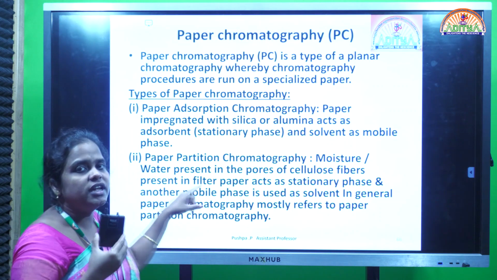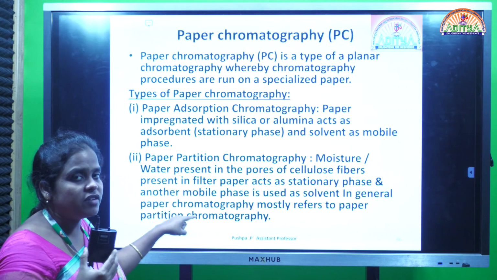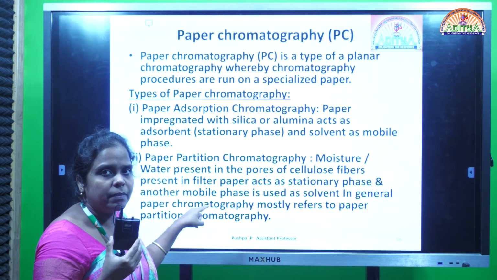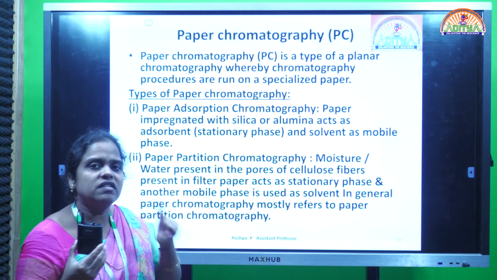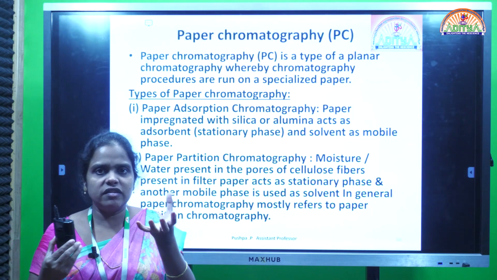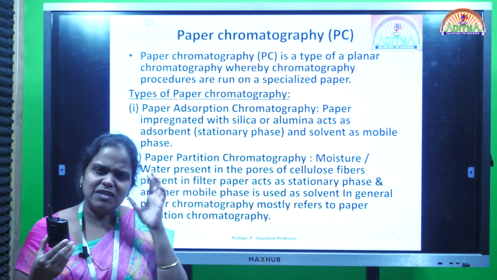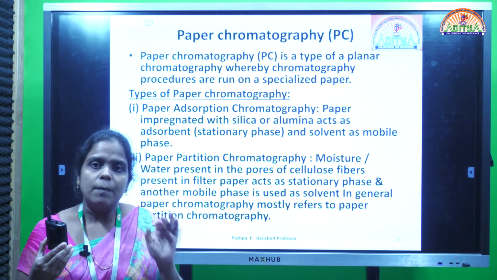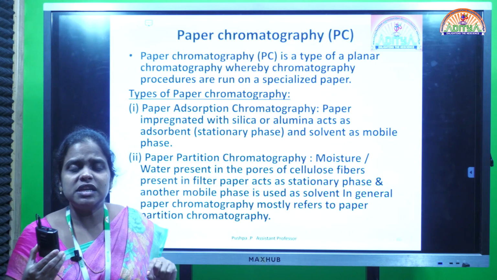That's why we call it paper partition chromatography: we are using a liquid stationary phase. Don't think that we are directly taking liquid as the stationary phase. Here we take the stationary phase paper only. It is solid only, but the main principle is partition.